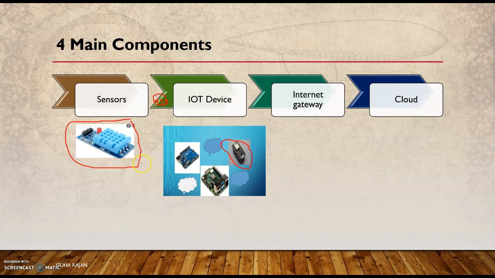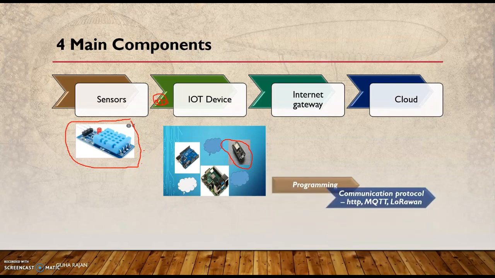So data is sent from the sensors to the IoT device, and the IoT device has programming. It can support Python, C, C++ and others. Earlier it was assembly language, and now you can use the Python programming language. Each one has Wi-Fi capability, so it can send data through the internet.